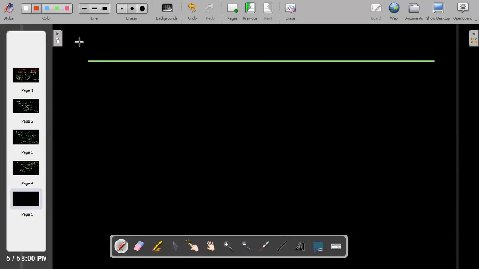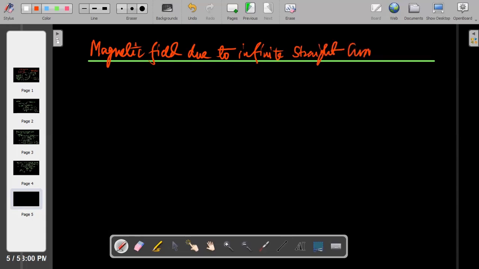Magnetic field due to infinite straight current carrying wire. How to derive or how to find the magnetic field for the infinite straight current carrying wire, right?